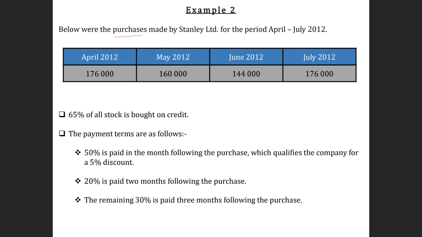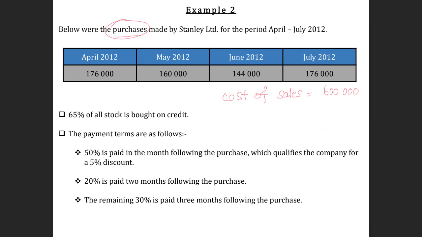Sometimes instead of giving you the actual purchases, they'll say, for example, the cost of sales for the particular month is maybe 600,000 Rand. We saw this in one of the previous examples, when working with your statement of comprehensive income and some of your calculations based on ratios: a portion of the cost of sales would be your purchases.